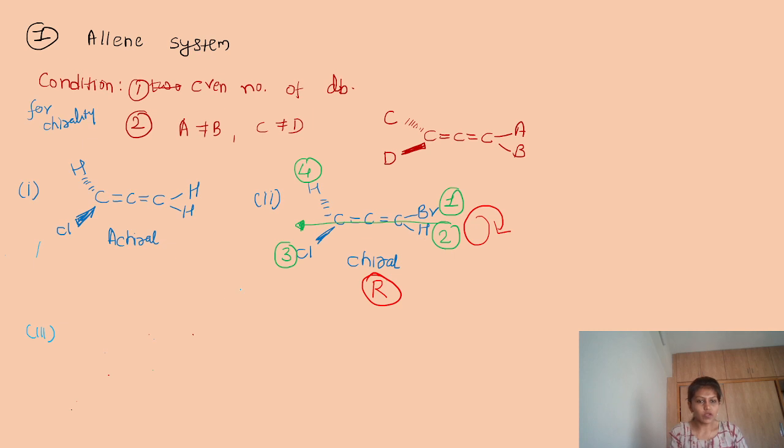Suppose this is your molecule, carbon. The molecule is like this one, right? It has a methyl group, another one is chlorine.